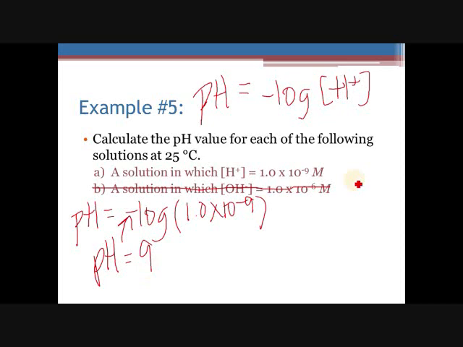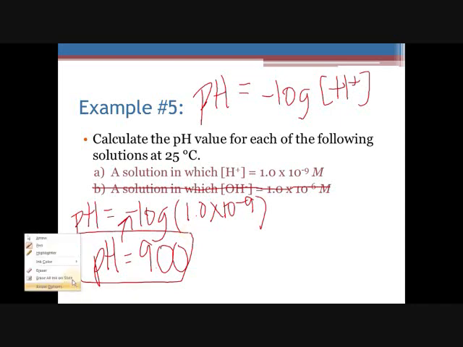So 1.0 is 2 sig figs, which means our answer has to have 2 decimal places. And since it was just a flat old 9, I have to say 9.00 for my pH answer. Okay? So that's A.